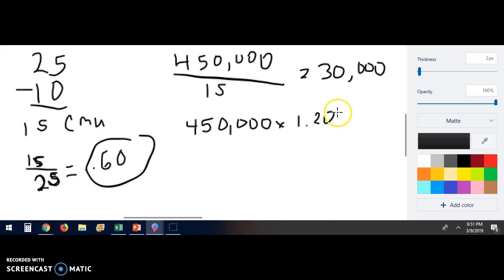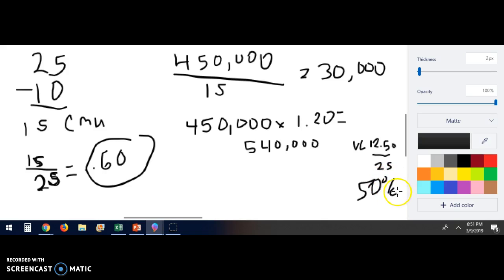So our new fixed cost is going to be $540,000. And then also the variable cost is going to go up $2.50. So now our variable cost per unit is $12.50. We're selling them at $25. So our contribution margin ratio now is only 50%.